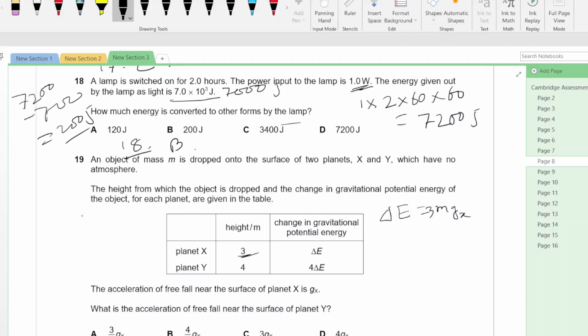And let the acceleration of free fall near the surface of planet Y be gy.